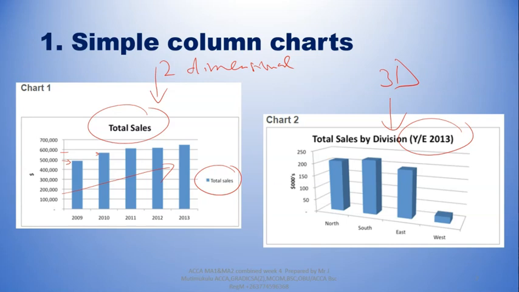All right, but on chart number 2 here, you can see that the South Division is actually commanding in terms of sales in the year 2013, followed by the North Division and the Eastern one. But as you can see, the Western Division is not performing very well.